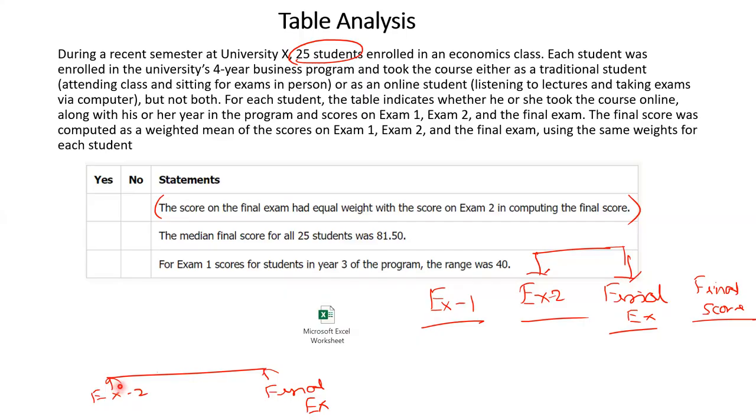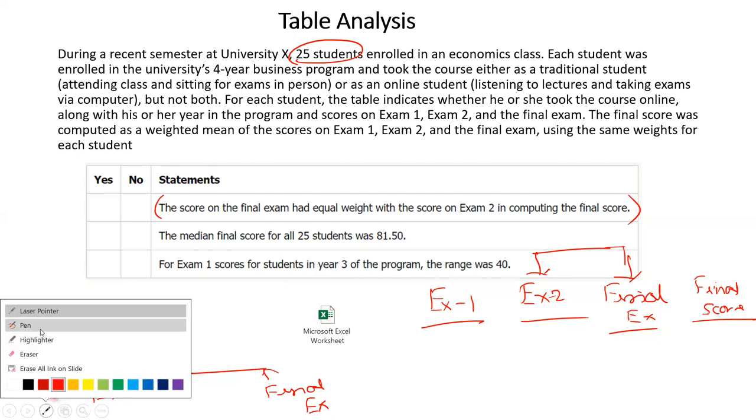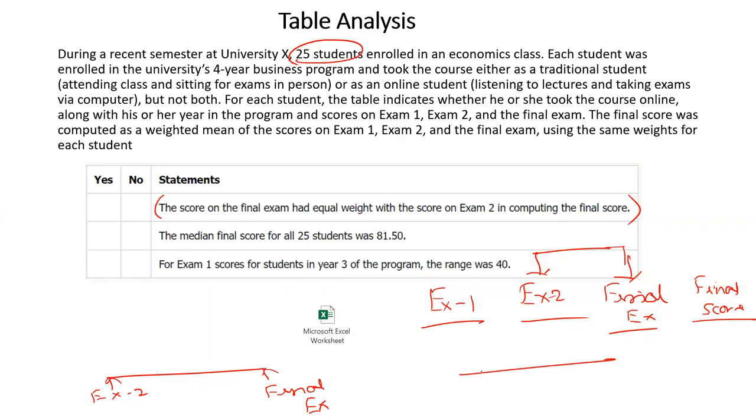Let us say exam 2 and final exam have the same weightages. Then do you agree that any person's weighted average in these two exams would be smack in the middle? Agreed? This goes back to what we discussed on the earlier slide. What did we discuss on the earlier slide?